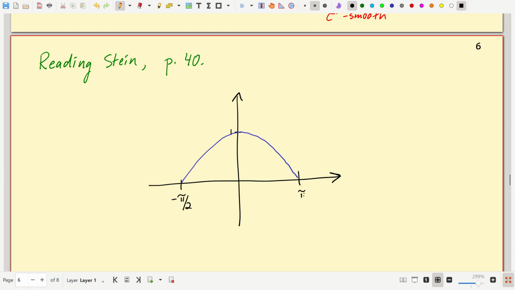Okay, and here's what Stein did. He wants to make a bump function out of trig polynomials. This blue function is cosine of x, in the x direction. He takes 1 plus epsilon cosine x.